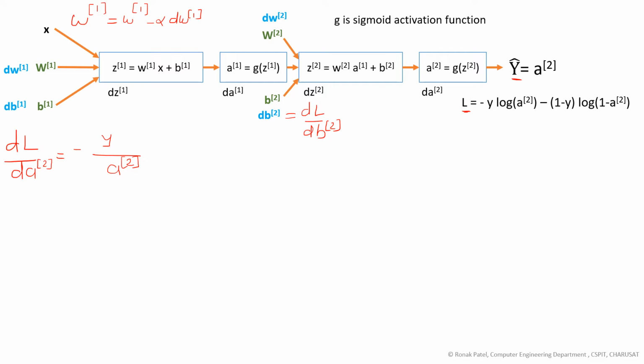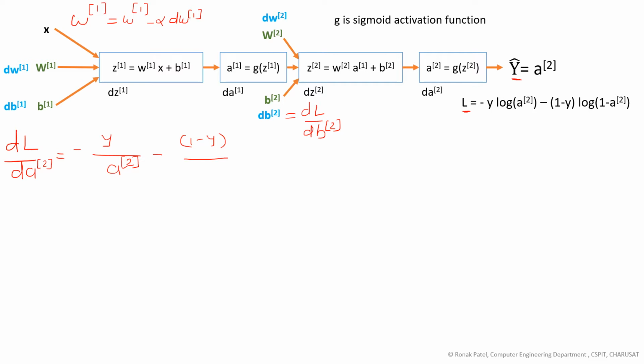Now for the second term, minus, as it is (1 minus y), that is a constant term. Now the derivative of log (1 minus a2). As we have seen in the derivative rules, the derivative of log (1 minus x) is equivalent to 1 upon (x minus 1). But if I want to write it in reverse form, 1 upon (1 minus x) instead of 1 upon (x minus 1), then I need to include a minus sign.